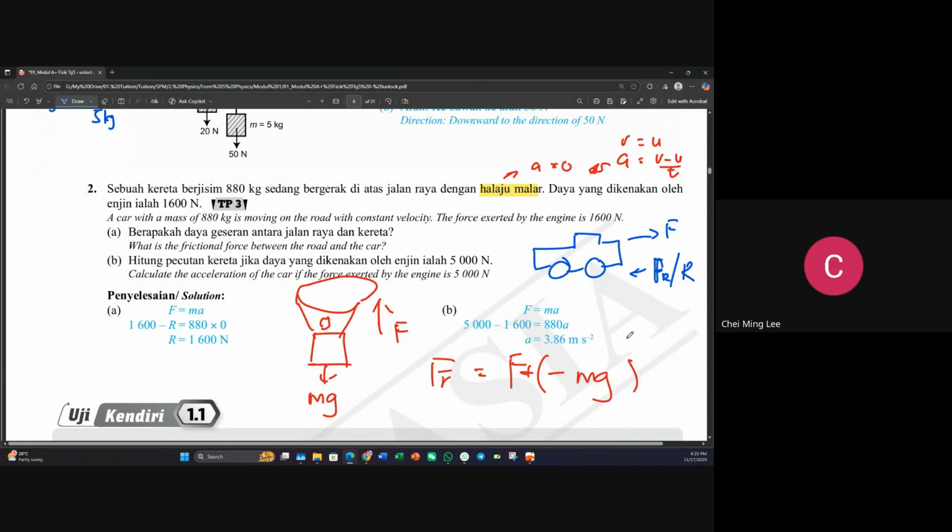This is why I always say that Form 4 and Form 5 SPM, at least 70% of the formulas are wrong or unusable in Form 6. This makes Form 6 tough, because now they are no longer hiding anything.